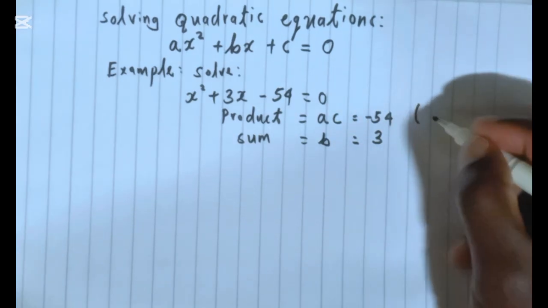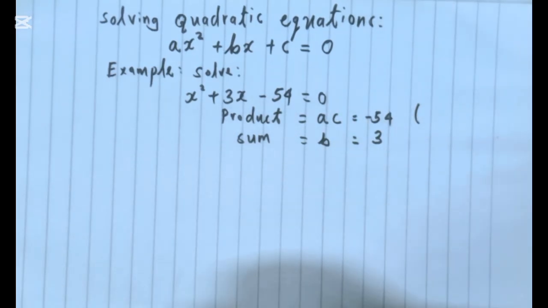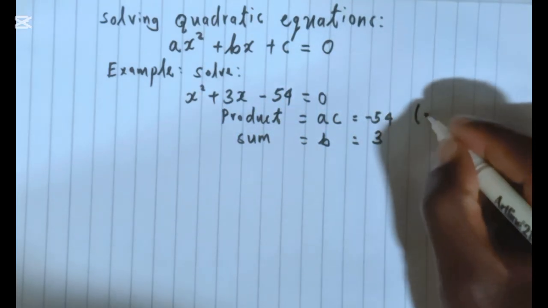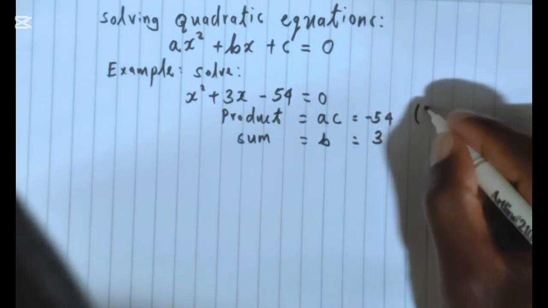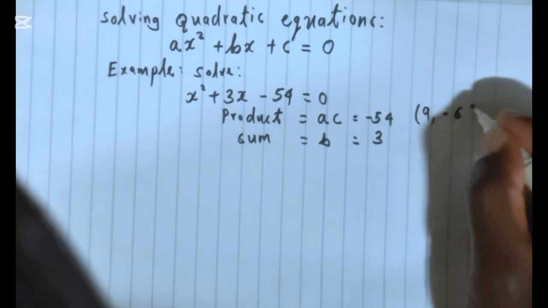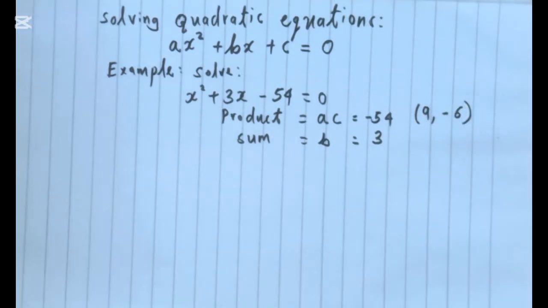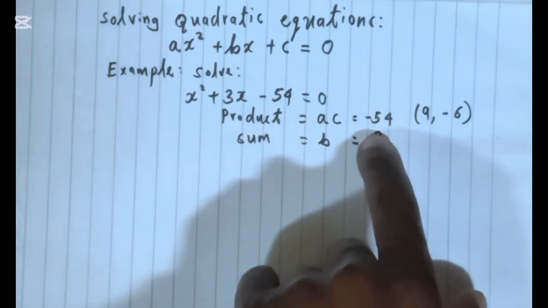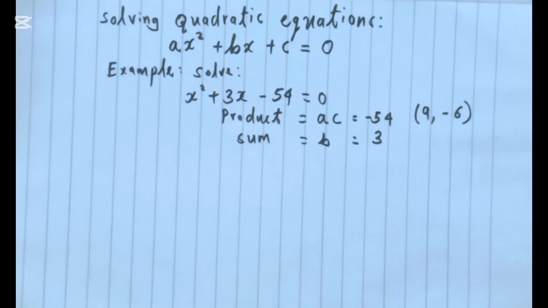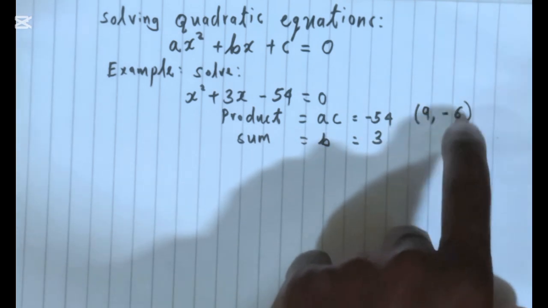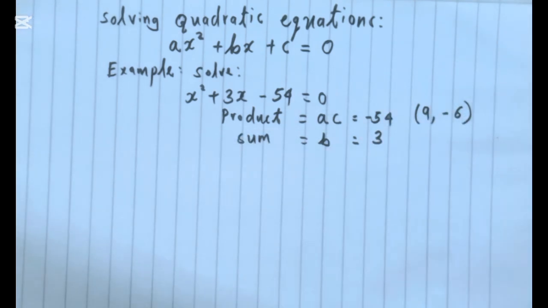Those two numbers should be 9 and negative 6. When you multiply 9 by negative 6, you get negative 54. And when you add these two, you get 3.